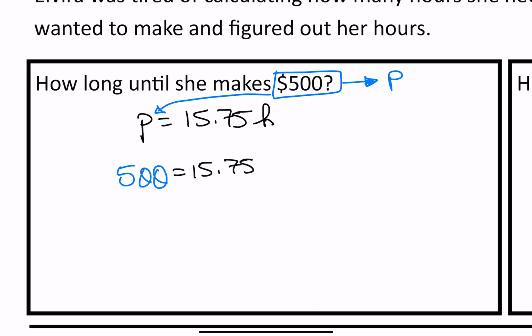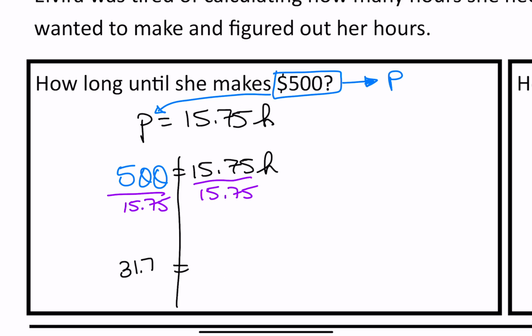And whoa, we got one variable now. We know how to figure out this variable's number. In this case, we're going to divide by 15.75 on both sides. And when we do that, we get 31.7 hours. So that's how many hours she has to work to make $500.